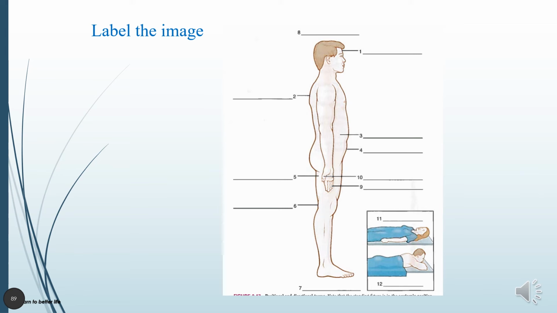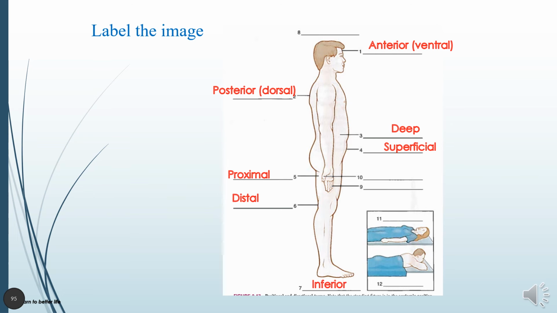Label the image. Ready? 1 is anterior, ventral. 2 is posterior, dorsal. 3 is deep. 4 is superficial. 5 is proximal. 6 is distal. 7 is inferior. 8 is superior. 9 is medial. 10 is lateral. 11 is supine.